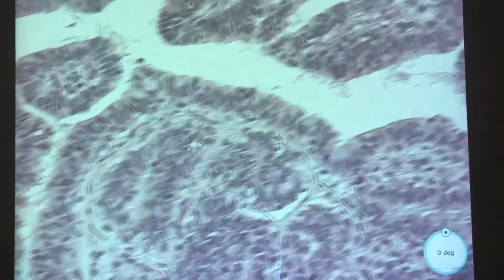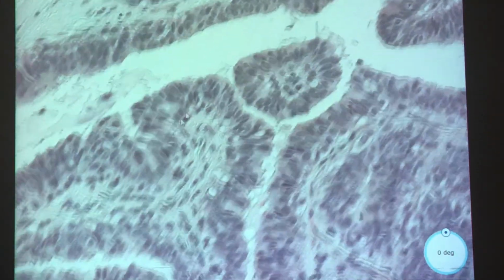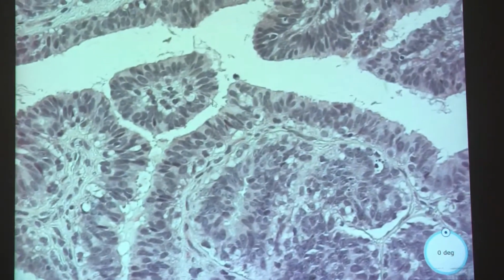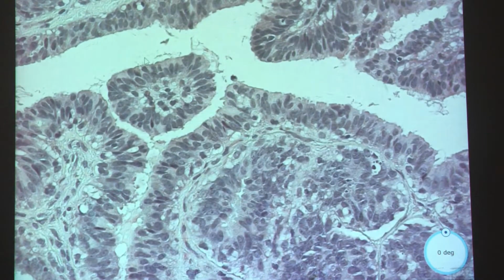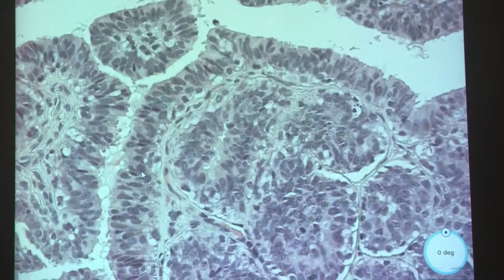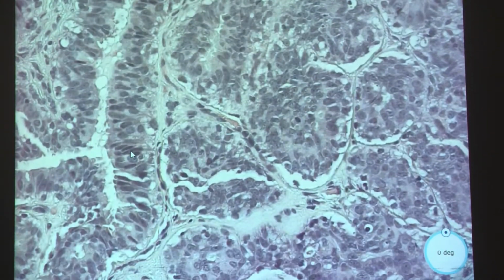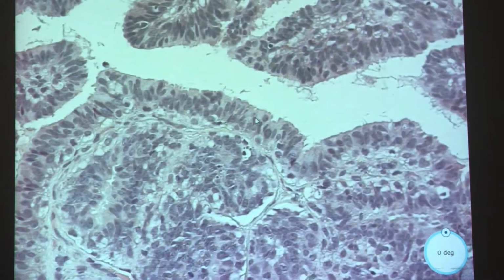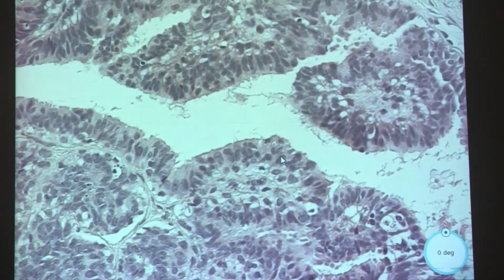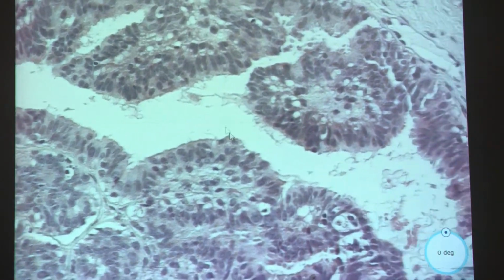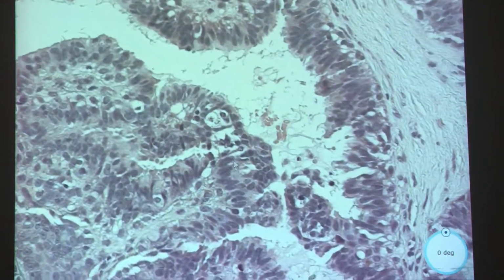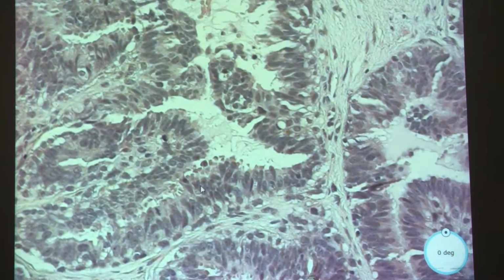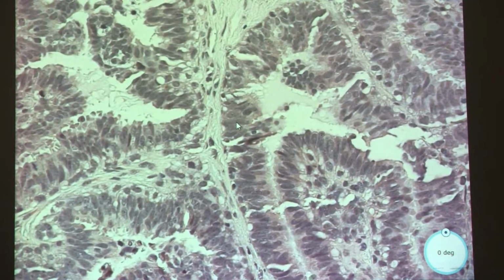The cells on higher power, they're a little crowded, but I think they're not atypical. I don't see any prominent mitotic figures or too much pleomorphism. They look relatively similar.